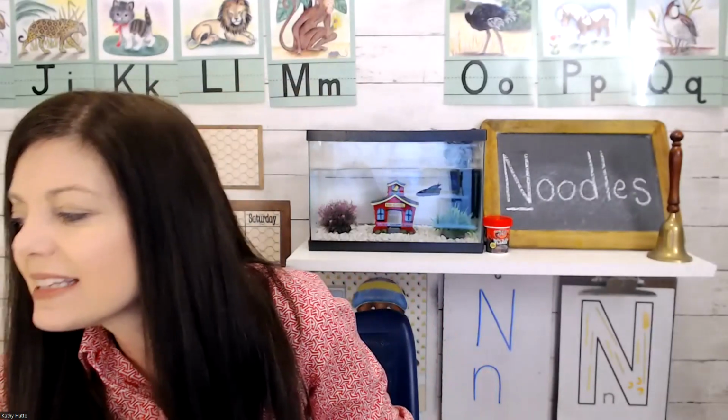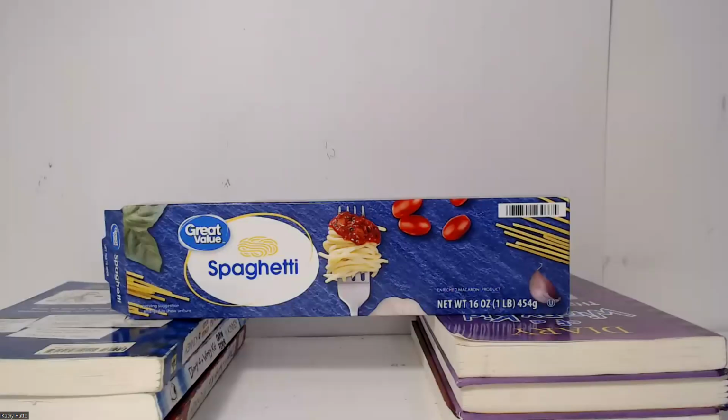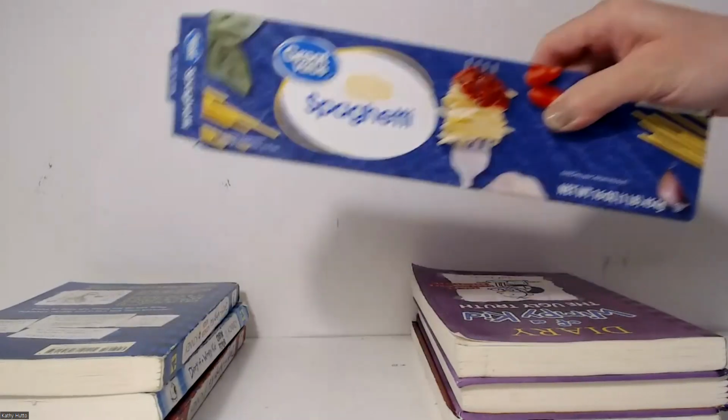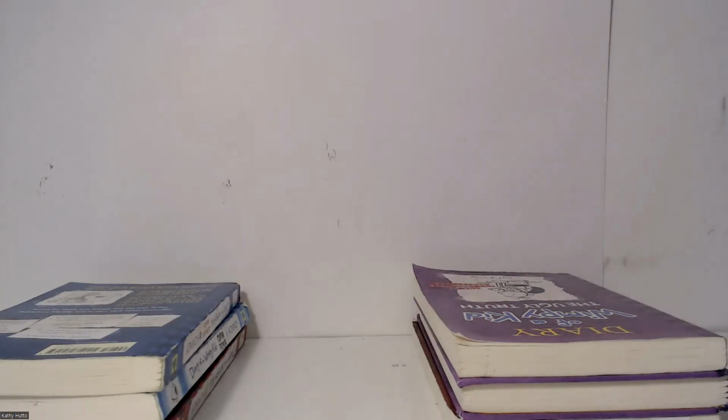For our science, we're going to go over to the table and we're going to be testing out how strong spaghetti noodles are. So let's head over to the science table. For science today, we're going to be trying to see if we can make a bridge using spaghetti noodles. I just have stacked up 2 sets of books here.